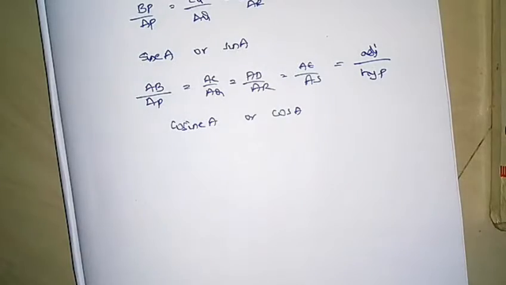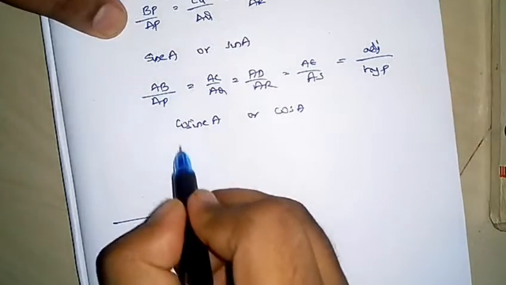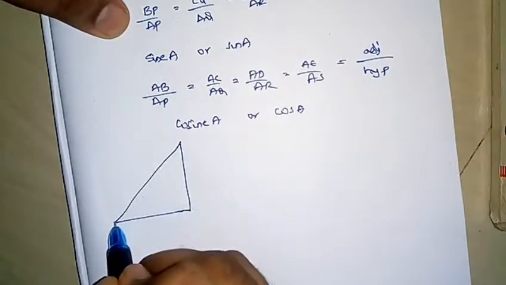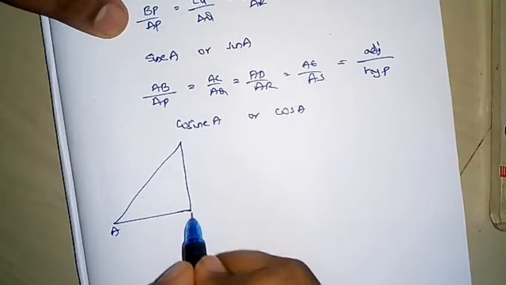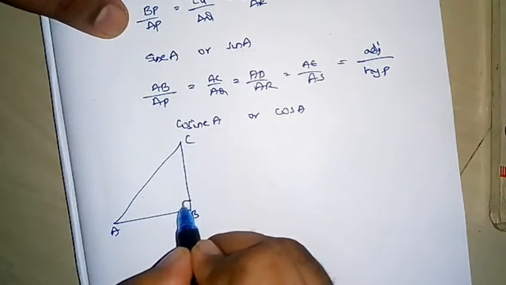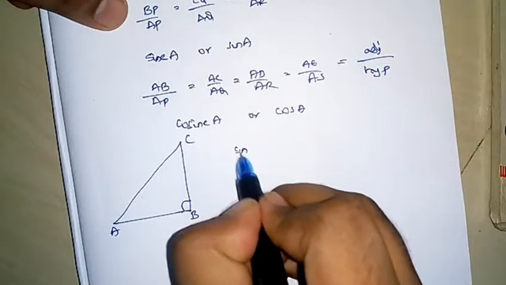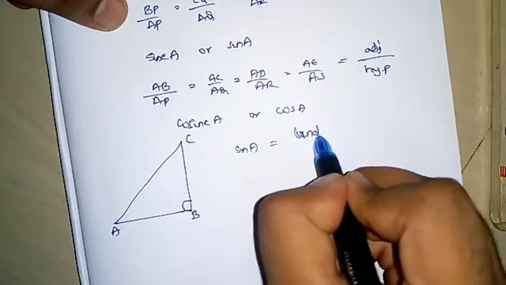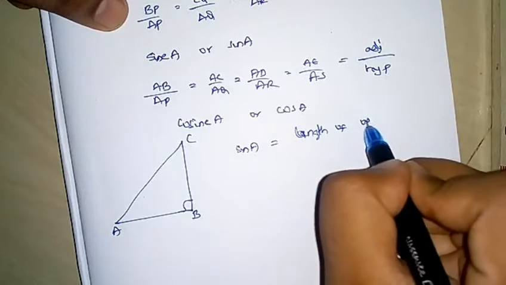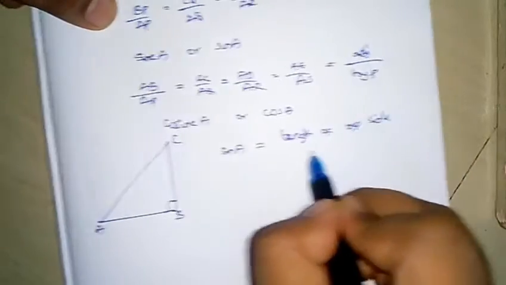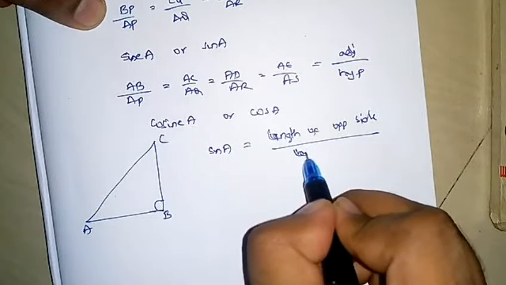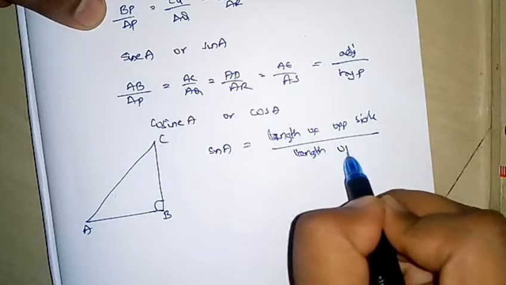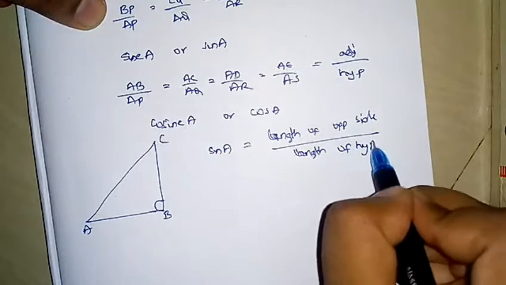So if you take right triangle ABC, B is the right angle. Sine A is defined as length of opposite side by length of hypotenuse.